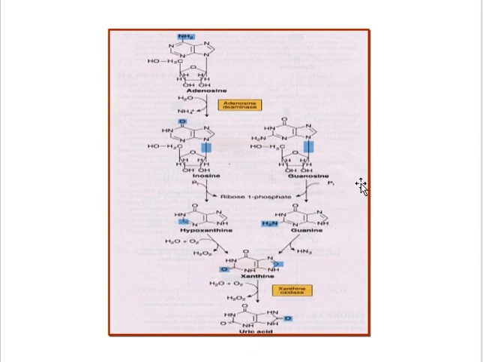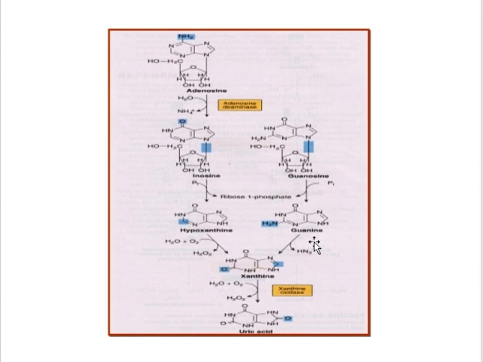On the other hand, the other nucleoside guanosine first splits off into its components, the nitrogenous base guanine and the ribose sugar as ribose 1 phosphate. The enzyme is same, that is the purine nucleoside phosphorylase.